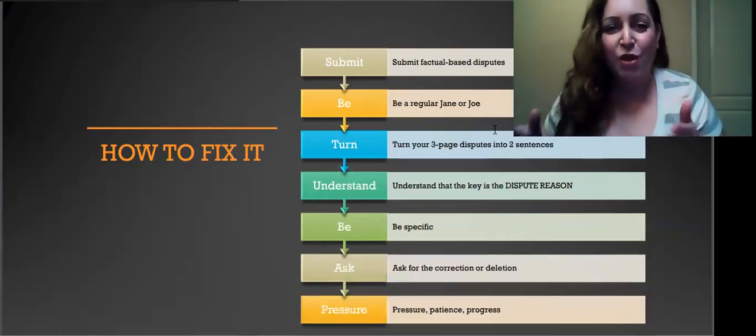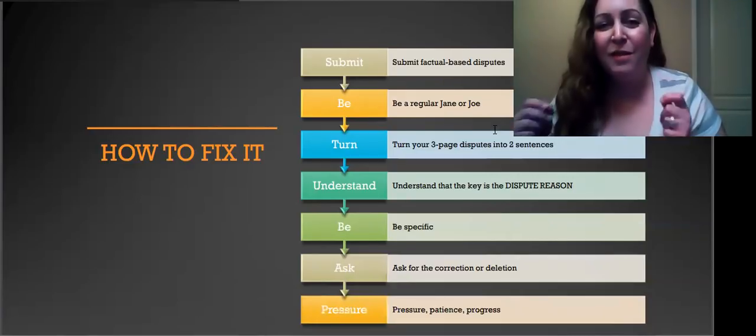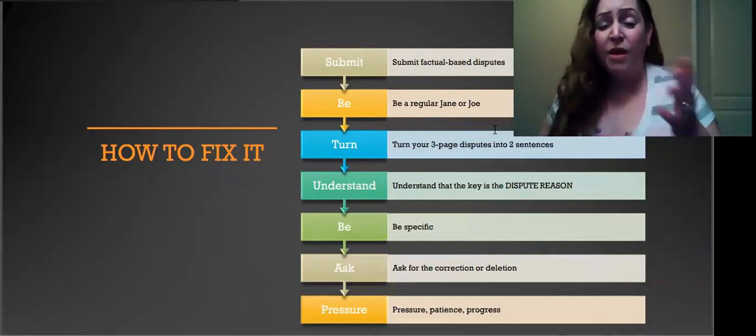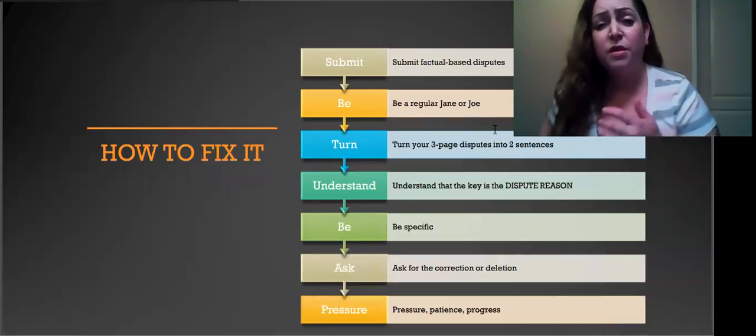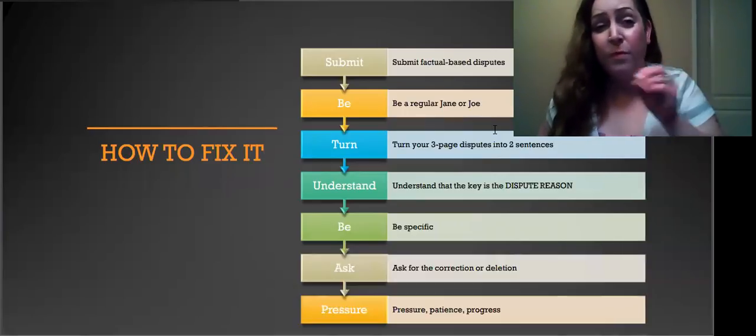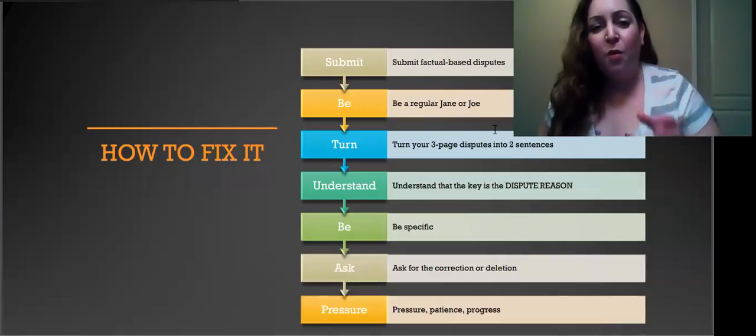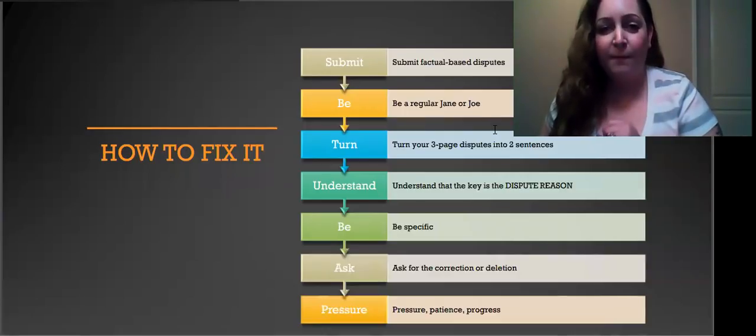Dude, that account is closed. There should be no monthly payment on it, okay? So you're not gonna say, remove this for inaccuracy or accounting violation, whatever. You need to tell them, remove it because there's a monthly payment of $100 on a closed account. Delete immediately. Tell them what you want, why you want it, and what to do about it.